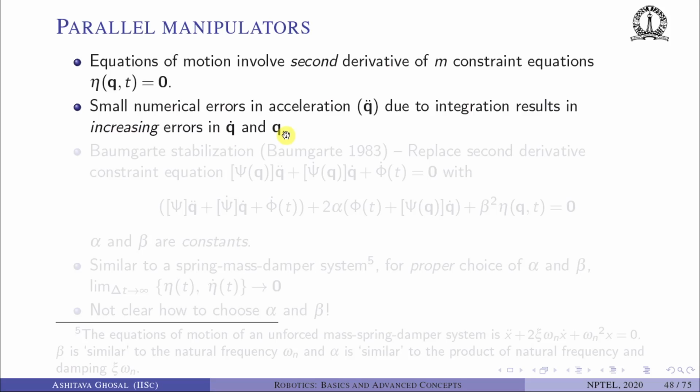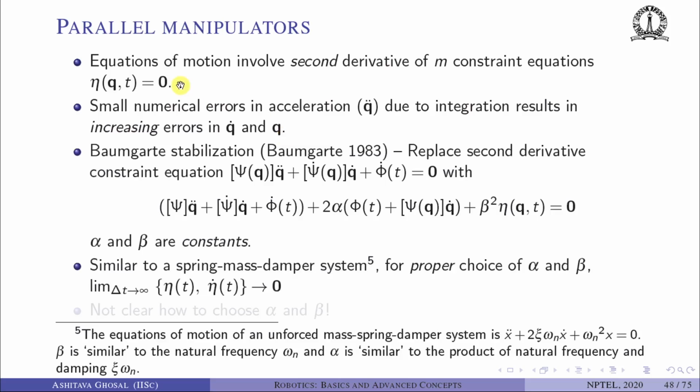Then the integral of that, which is nothing but summation, will have more error, and q will be even worse. So as a result, in a parallel manipulator, the q and q dot will slowly diverge from the real solution. So there are various approaches to stabilize these increasing errors. One such approach is called the Baumgarte stabilization.